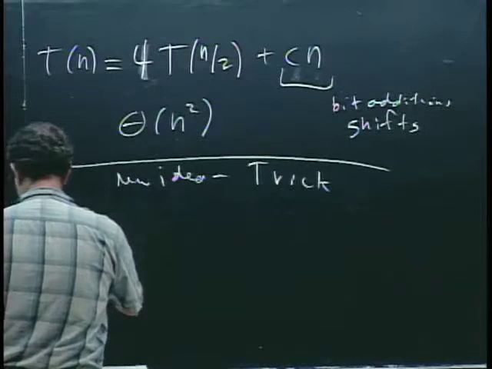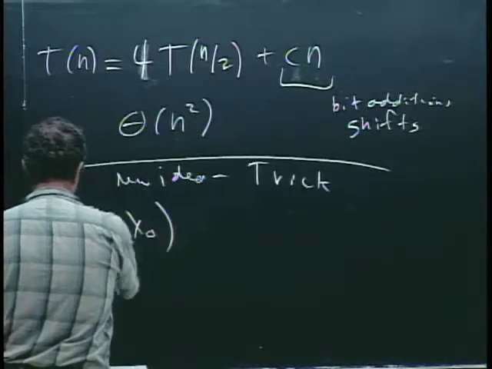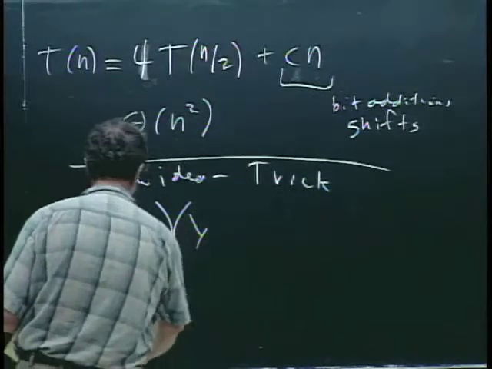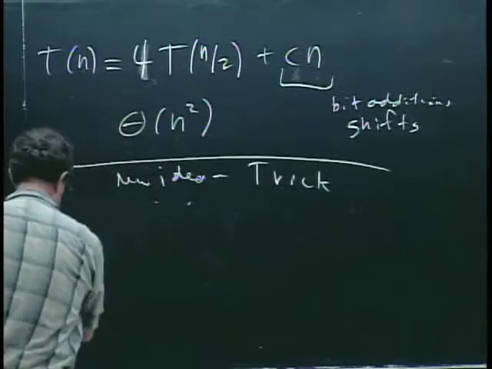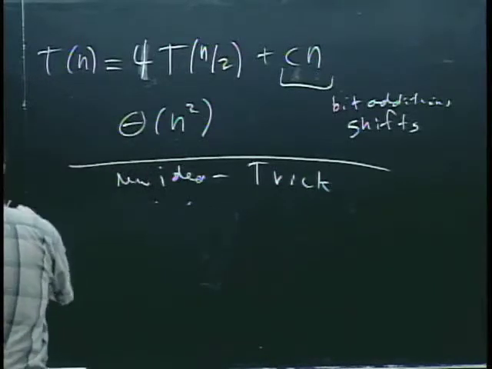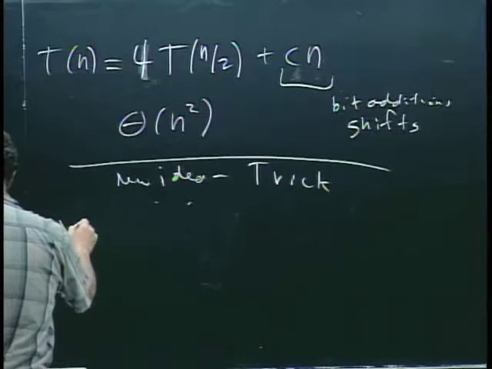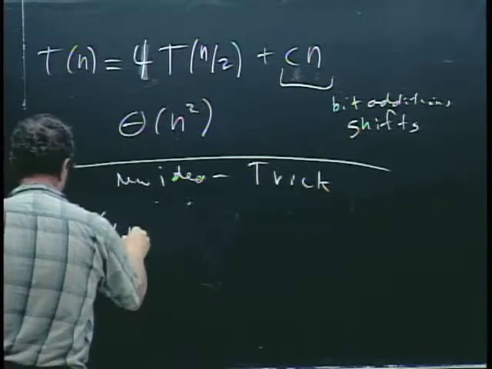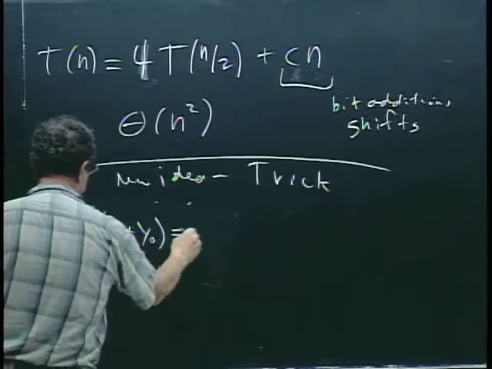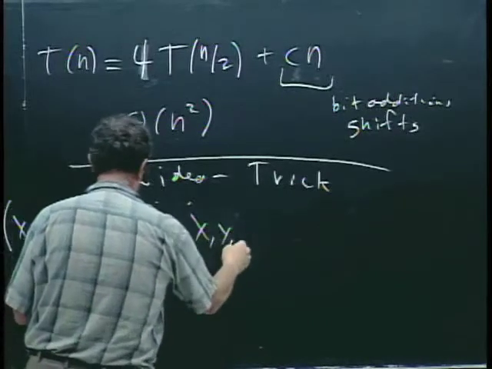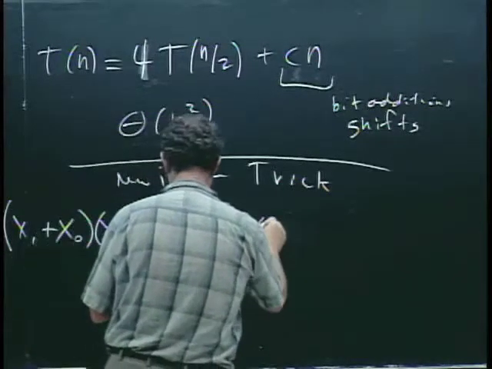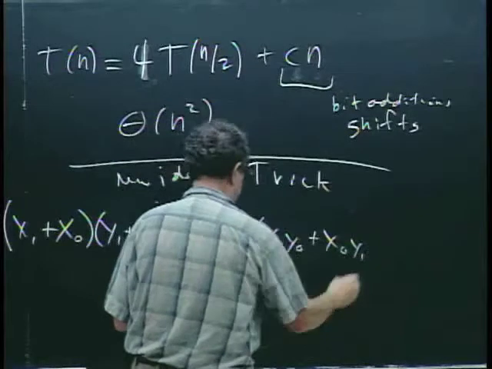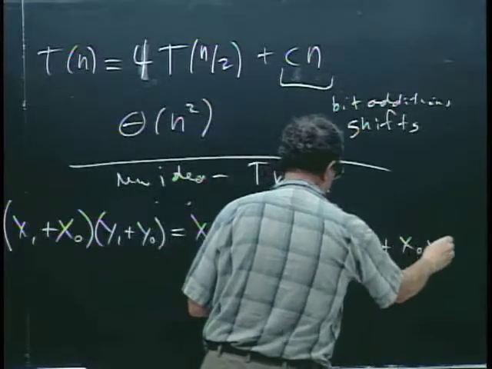So let's observe that x1 plus x0 times y1 plus y0 is equal to x1 y1 plus x1 y0 plus x0 y1 plus x0 y0.